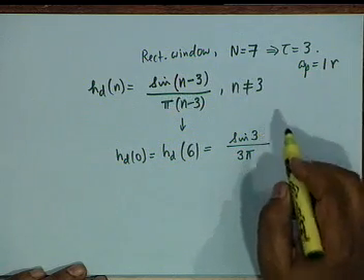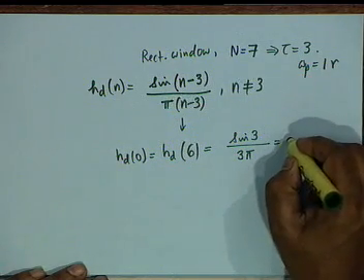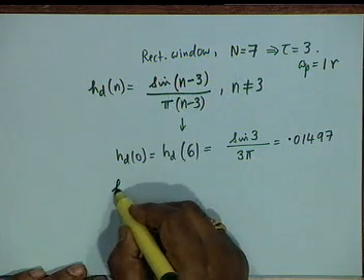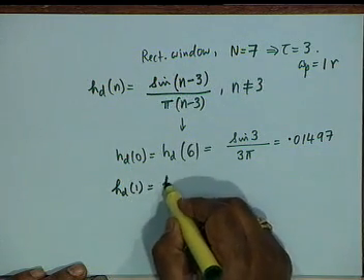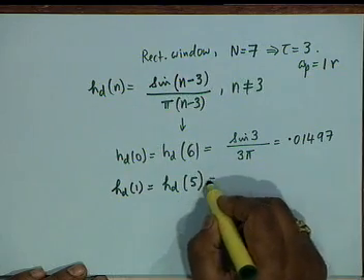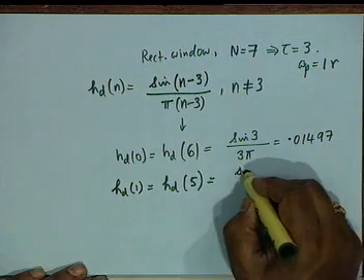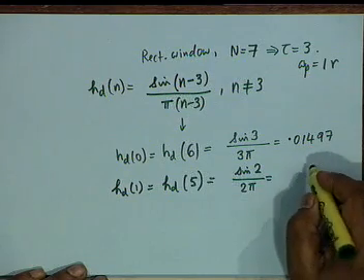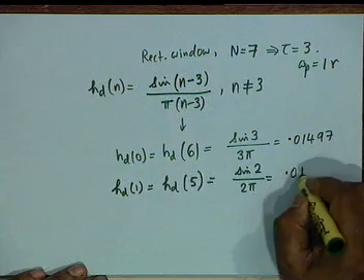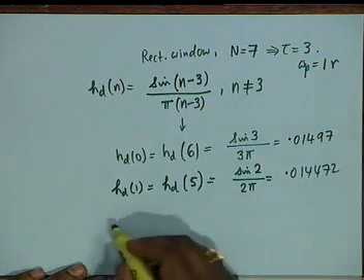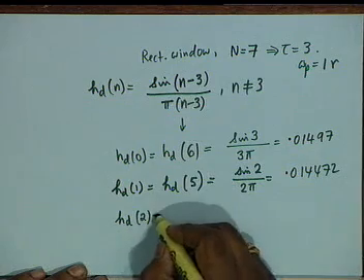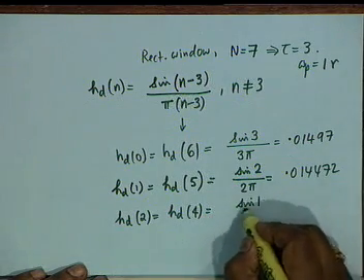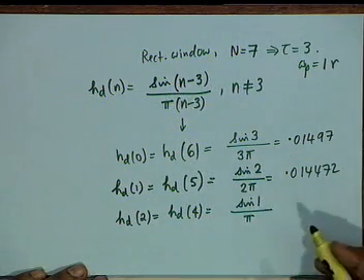This 3 is in radians, and this comes out as 0.01497. hd of 1, which is the same as hd of 5, should be equal to sine of 2 divided by 2 pi, and that comes out as 0.014472, and hd of 2 equal to hd of 4 is sine of 1 divided by pi.